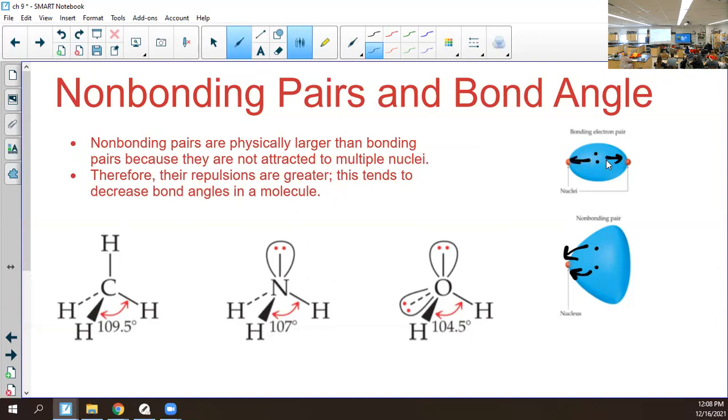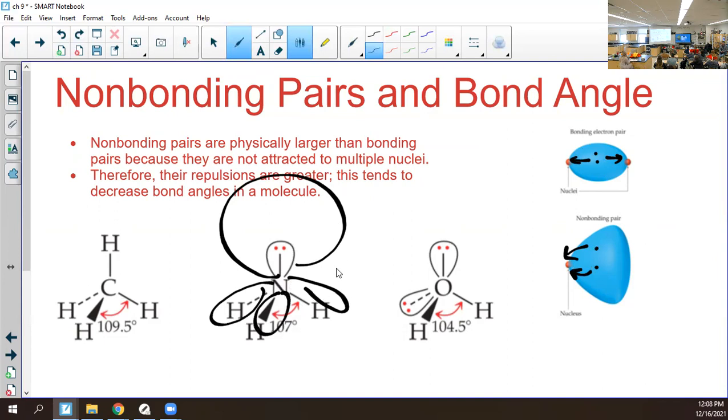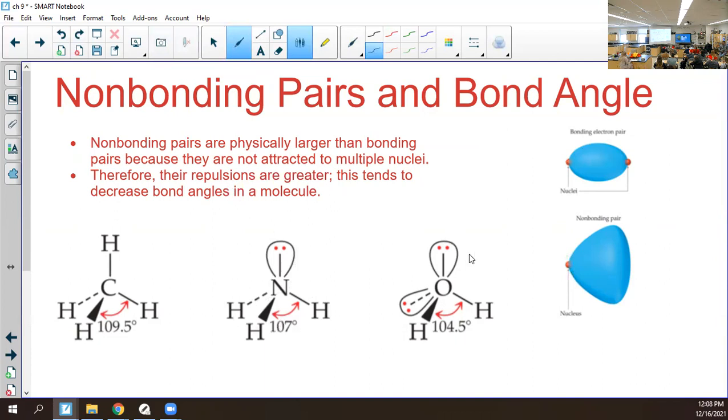So if they're bonded, where they are is smaller. If they're not, it's larger. It would be like we're blowing up balloons: non-bonding pairs are a bigger size than the bonding ones, so they will push those away. Therefore, their repulsions are greater. This tends to decrease bond angles in a molecule.